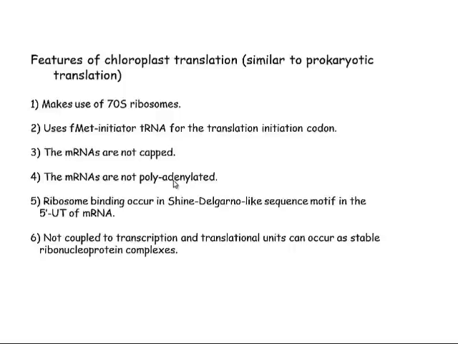Like I say, there's no need for the RNA to get out of the nucleus, therefore no need for polyadenylation. We have these Shine-Dalgarno-like sequences in the 5' untranslated region of the RNA, and the RNA can actually exist as stable translational units.